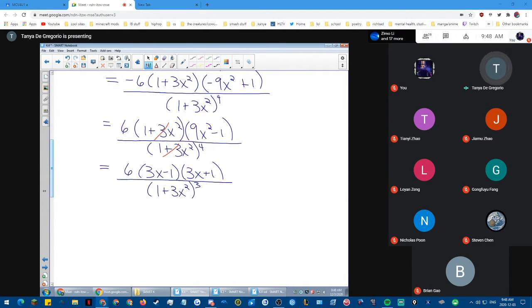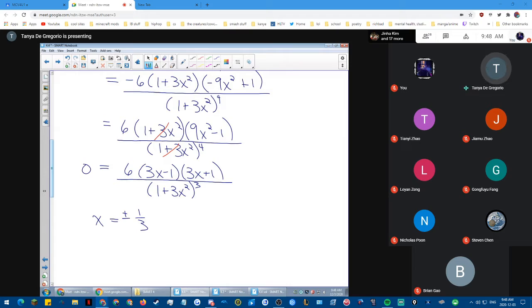Okay, what do you guys think? Are we ready? We are. So now again, guys, I only care about this numerator. What will make this numerator 0? Plus and minus 1/3. Beautiful. So we have 3x minus 1 equals 0 and 3x plus 1 equals 0.